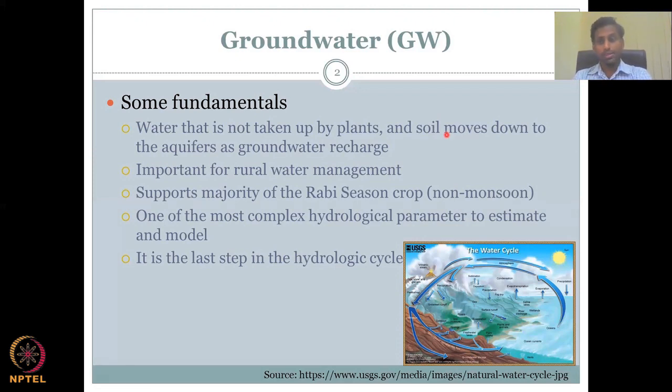It is one of the most complex hydrological parameters to estimate and model. Unlike the other parameters, which happen on the surface where you can visually see them, then recalibrate your models and adjust your assumptions, groundwater is a component that is deeper under the ground and it is not visible, right? Only one or two wells you can see, but between wells you can see a difference in water levels.